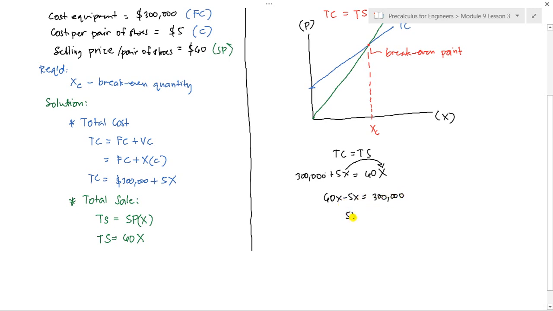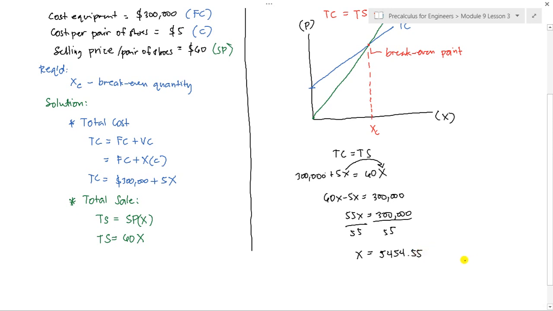So this is 55x equals $300,000. Divide both sides by 55. So x here is equal to how much? 5,454 point, let's say 55.